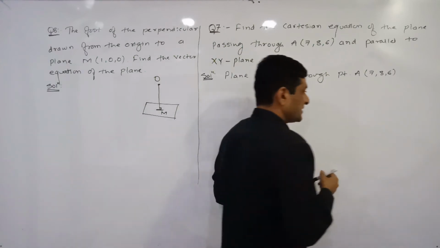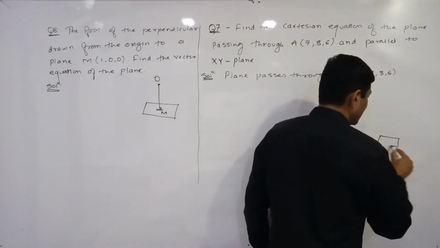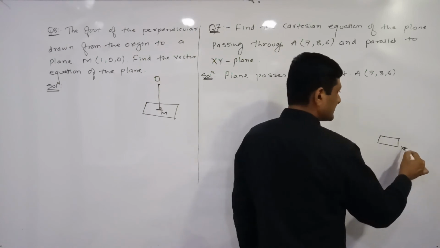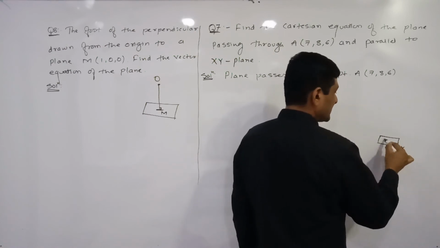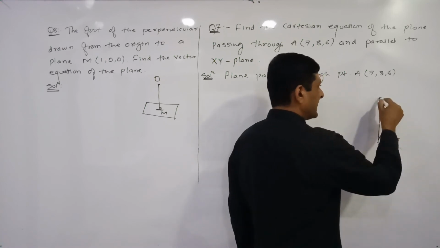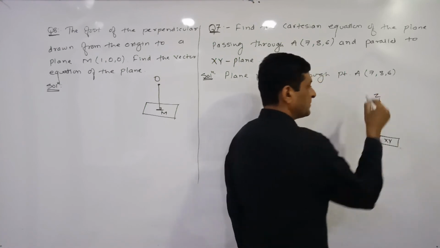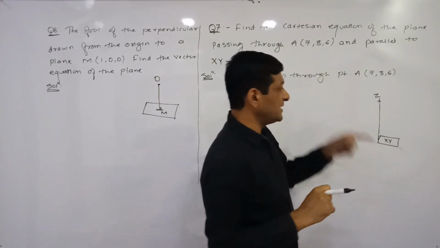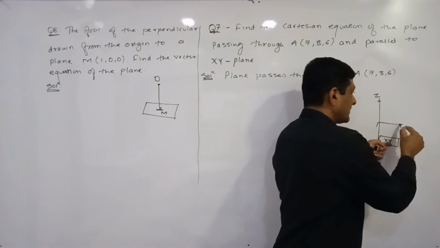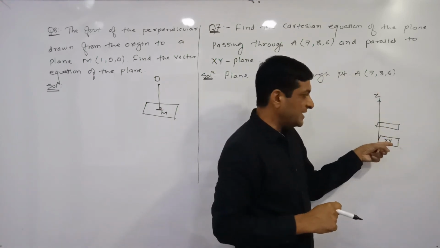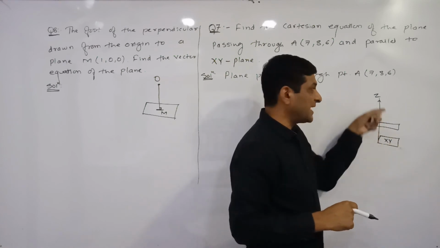So let us suppose that this is the XY plane. If this is the XY plane, then definitely the Z axis will be perpendicular to it. Which axis will be perpendicular to the XY plane? Z axis. And now our required plane is parallel to this plane. If the required plane is parallel to the XY plane, and the Z axis is perpendicular to the XY plane, then the Z axis will also be perpendicular to the required plane.